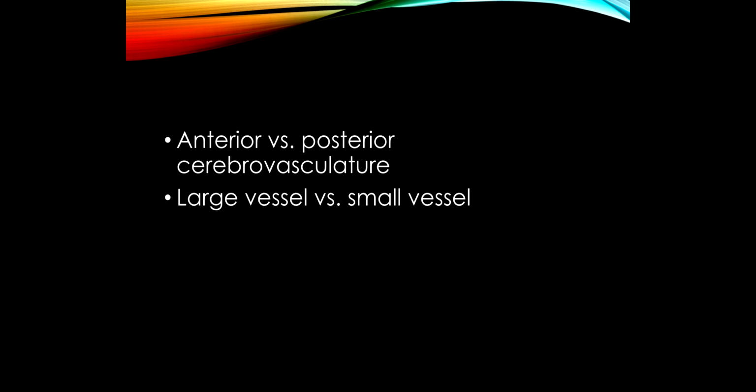Anterior versus posterior circulation will guide what we're going to do for that patient in terms of diagnostic testing and even treatment right in that emergent setting. So for example, if someone has had a posterior circulation stroke, well, let's not rush that patient off to look at the carotid arteries, right? That doesn't make any sense because it's posterior circulation.